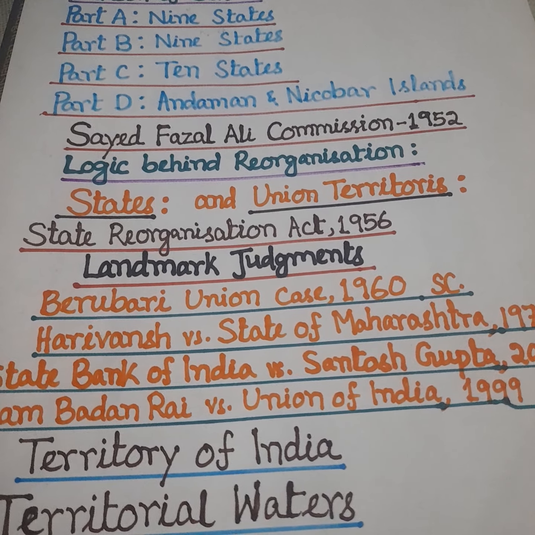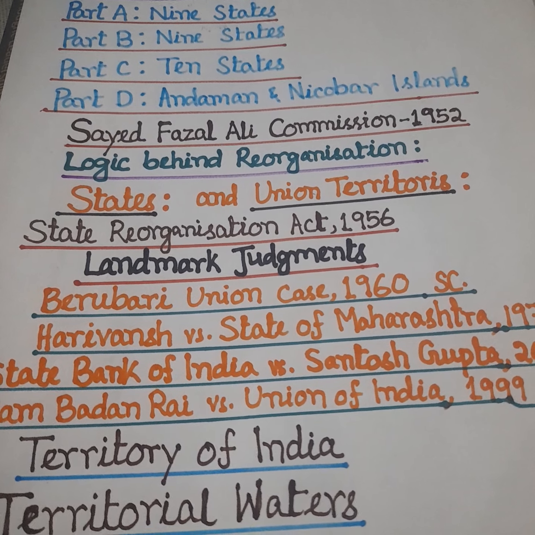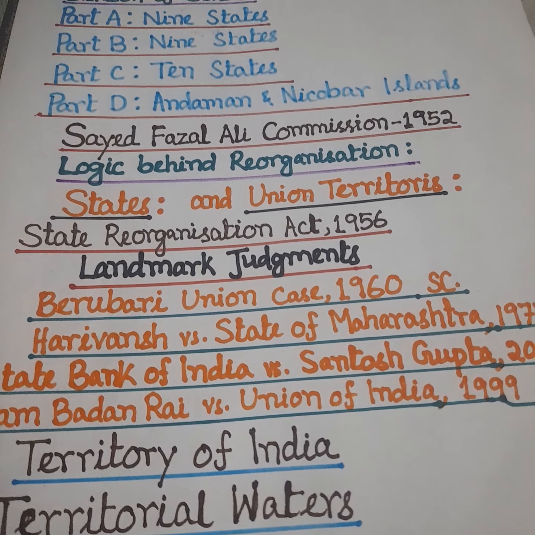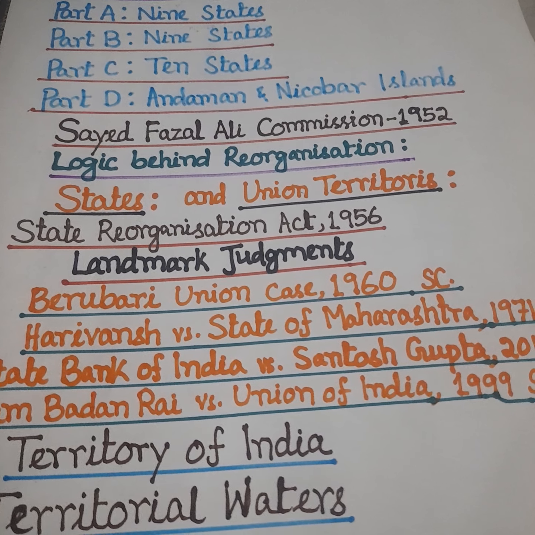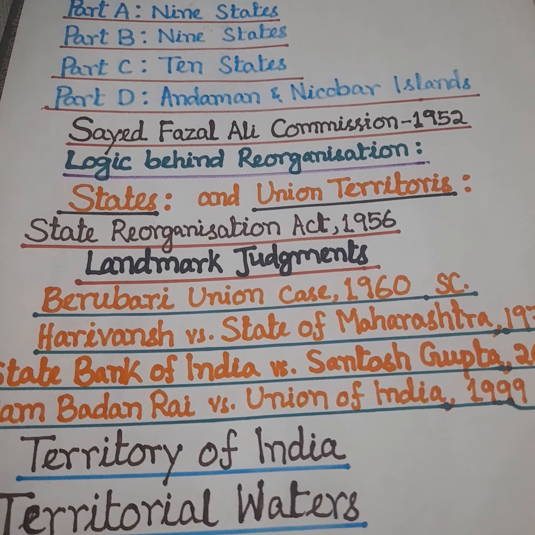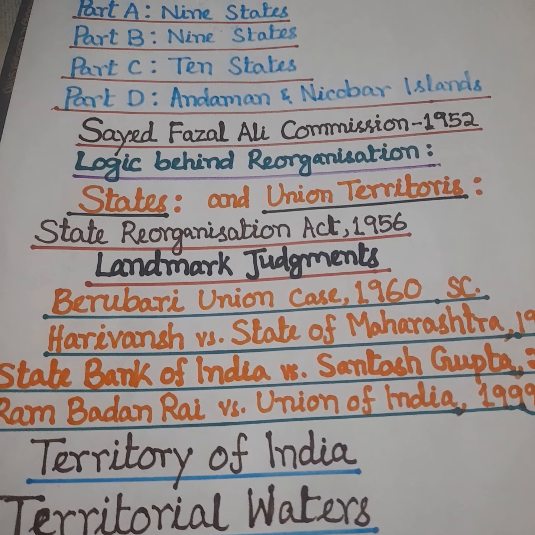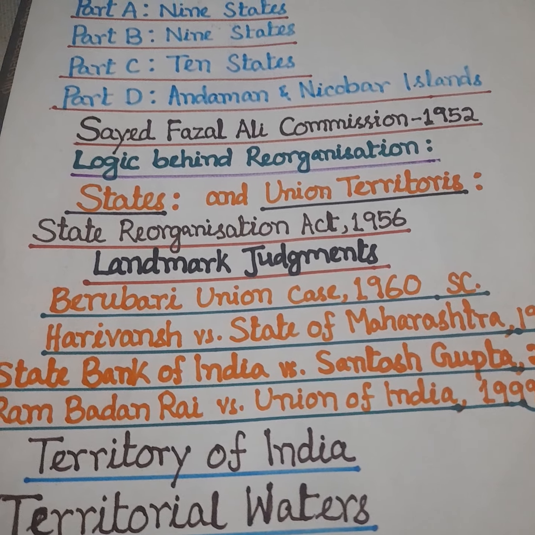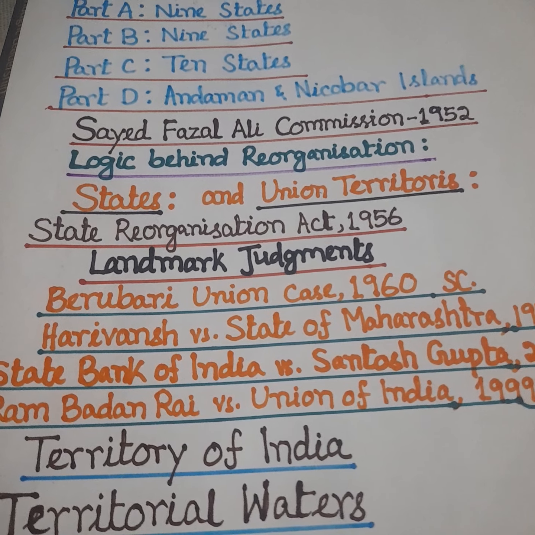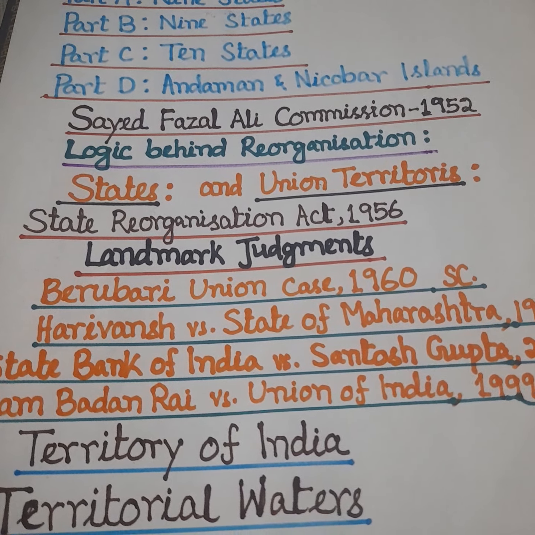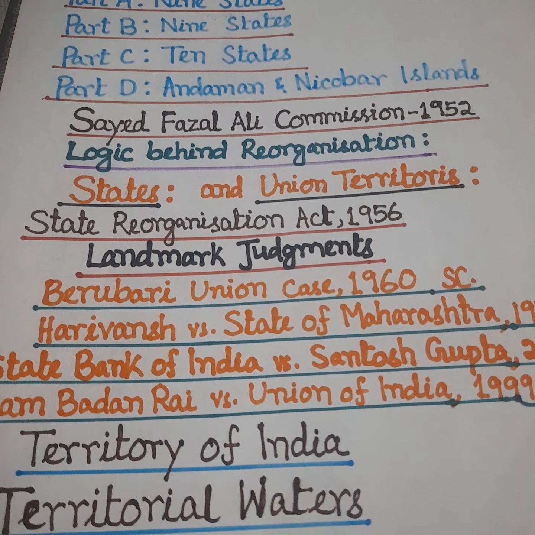Sikkim, during the British rule, was under the royal family of the Chogyals, and the Government of Sikkim Act of 1974 put an end to monarchy in Sikkim and decided to join the Indian Union.